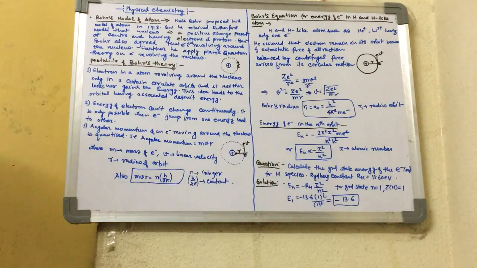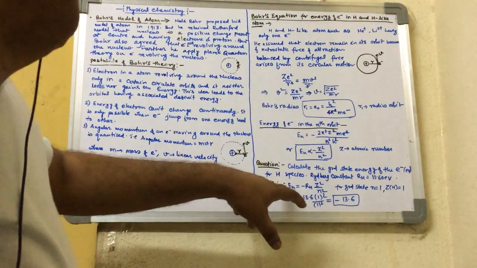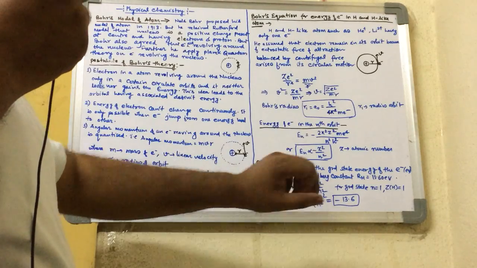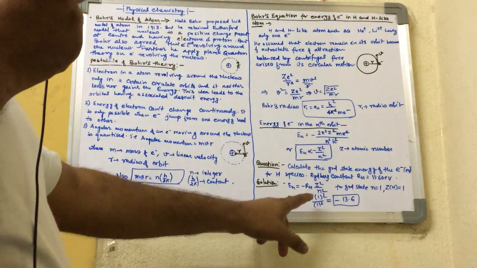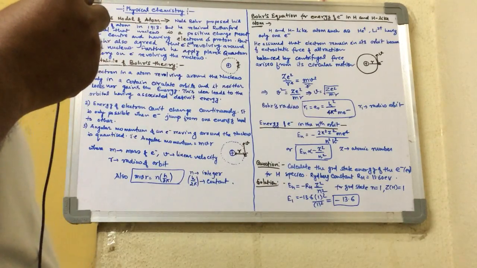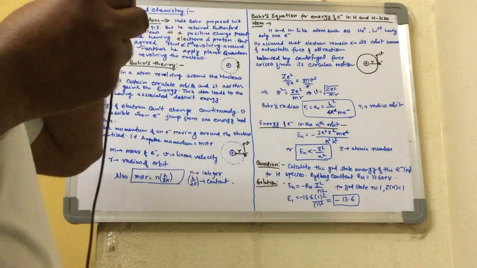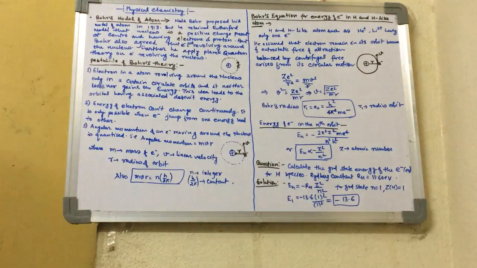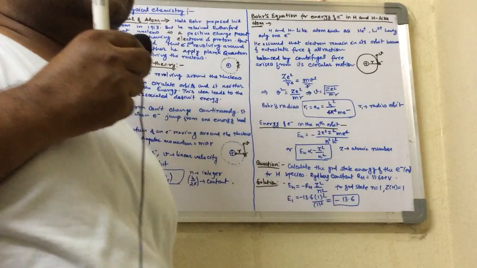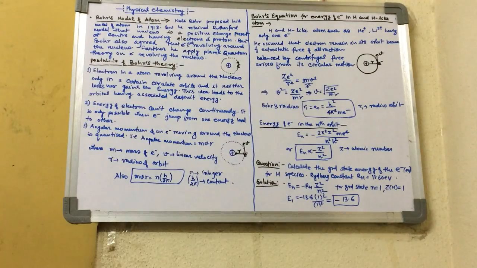Okay, right. So En is equal to minus RH Z square upon n square. So simply you put Z equal to 1 for the hydrogen atom, and for the ground state energy n is equal to 1. Simply you will get this value, 13.6, right?